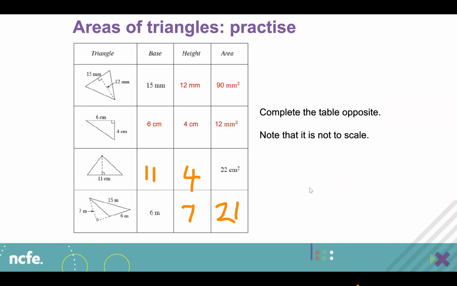For the third one, let me think what the answer is. 11 and 1, it shouldn't be 1. This is wrong, guys. It is 4 indeed. The answer is 4 here, not 1. And then the last one is 7 and 21.